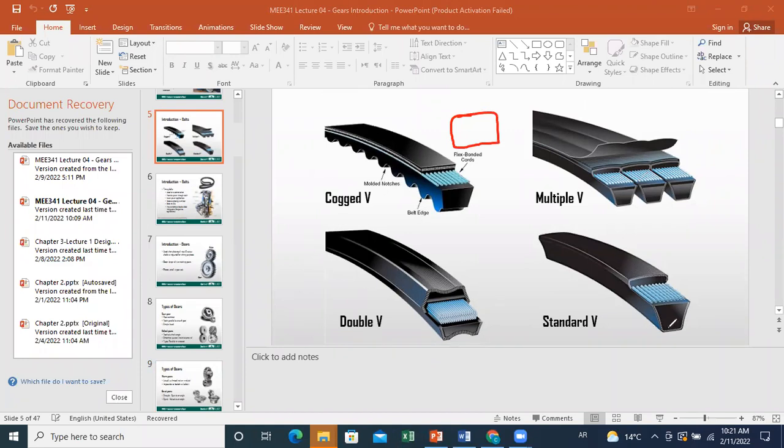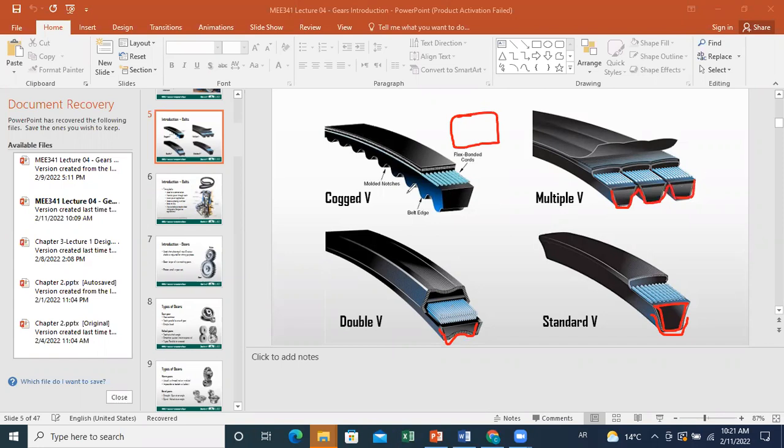For example, for a standard V you just have a V-shaped cross section, and of course the rotating part should have grooves within it so that the belt can be put in place. More complex configurations include double V and multiple V, which help you transmit larger powers.